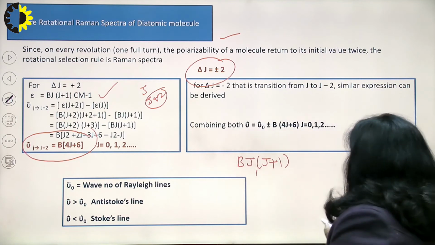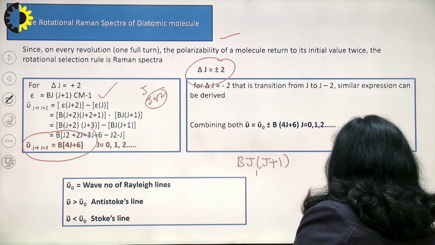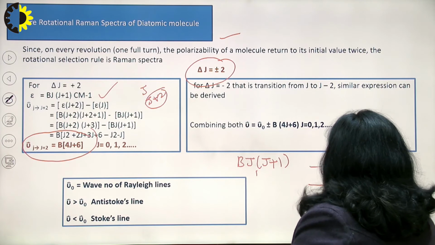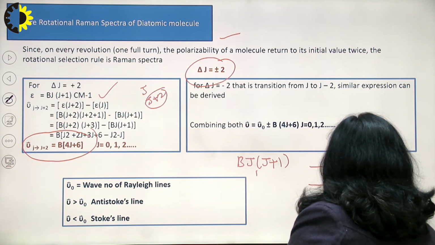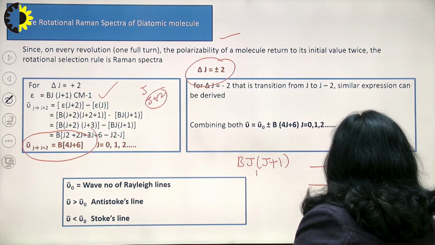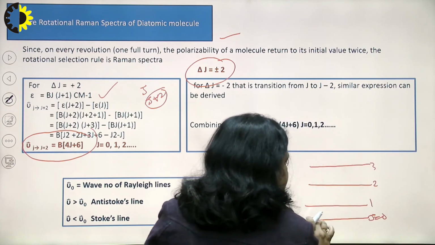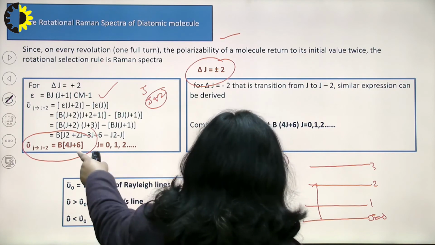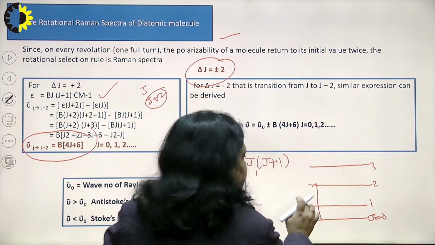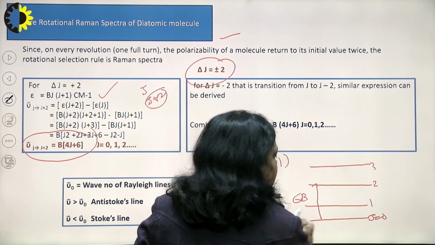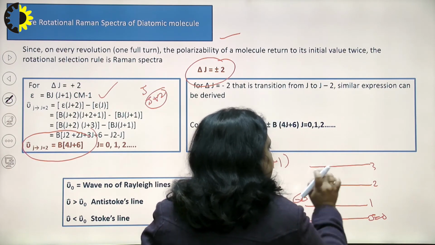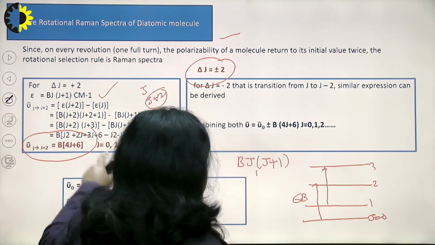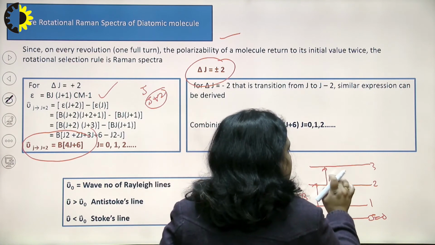That is, for the rotational energy levels, J is equal to 0, 1, 2, 3. So, in this case, for the 0 to 2 transition, the energy required is, J is 0, that is 6B. For the 1 to 3 transition, the energy required is, J is 1, that is 10B.